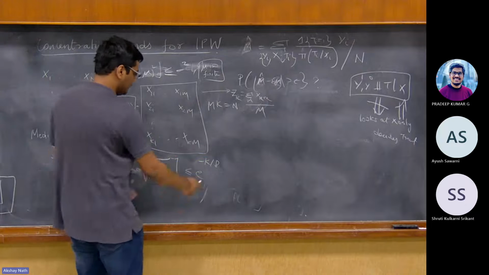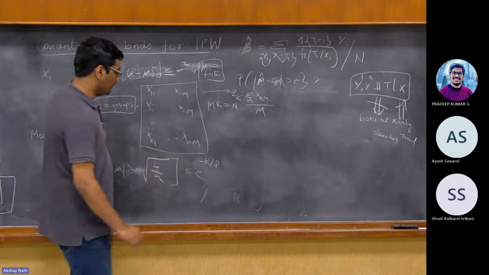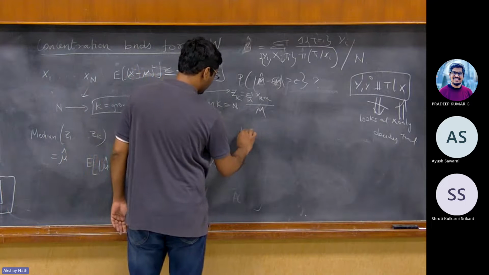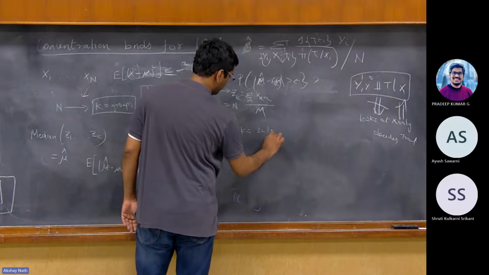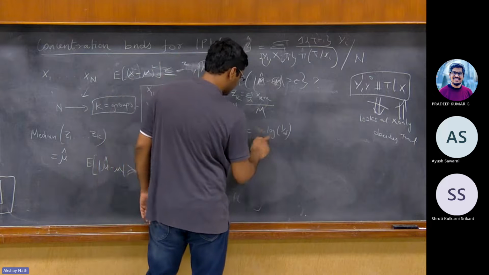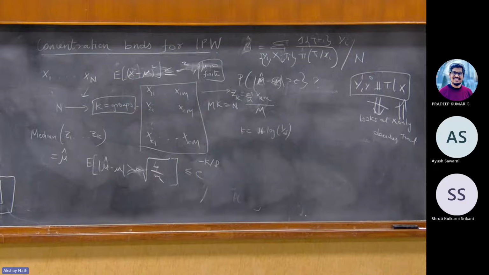So I'll set this confidence to delta, less than delta. So k will be set to 32 log 1 over delta. Let me be clear, maybe 16 is enough. Let me look at the notes just to make sure.